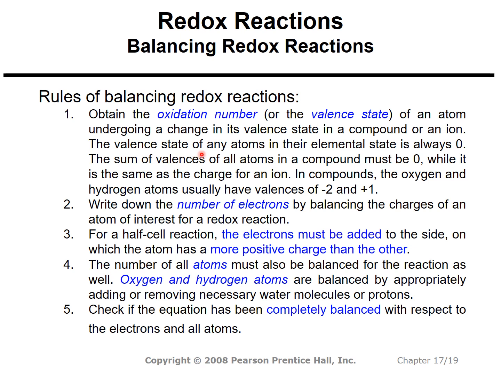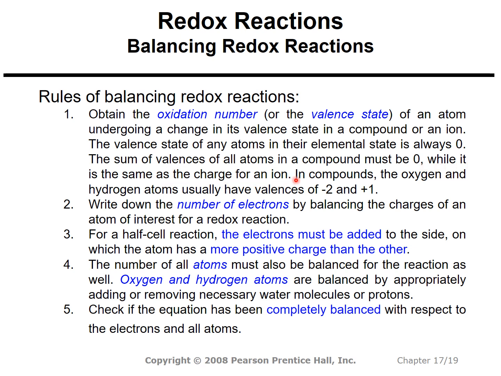The valence state of any atom in its elemental state is always 0. For example, hydrogen gas, H2: the H atom in hydrogen gas has 0 as its oxidation number. The sum of valences of all atoms in a compound must be 0, of course, for neutral compounds, while it is the same as the charge for an ion.